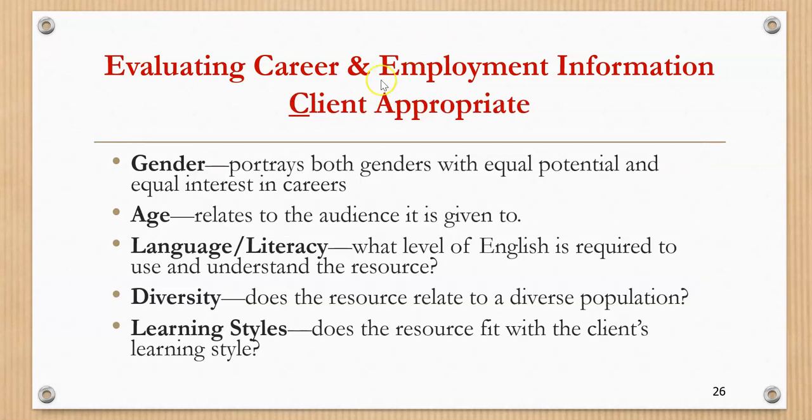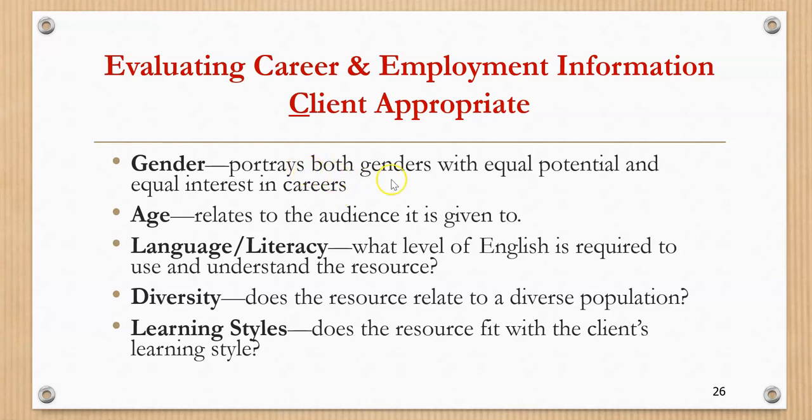Another criteria in this model, ABCD, is the client appropriate criterion. So we look at 5 factors under this heading. First of all, gender. Does it portray both genders? And really that should be changed to, is it kind of gender neutral? That's really what that should say.